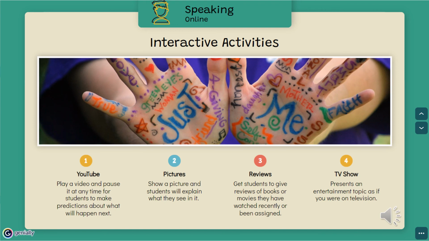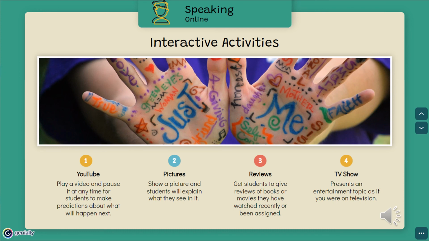Pay attention to the recent movie, talk about the movie and ask them what they like, what they preferred, what they don't like about the movie, and let them discuss that. But remember the tip, don't interrupt, let them speak and express their ideas.